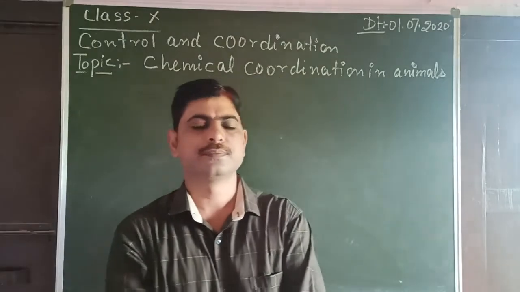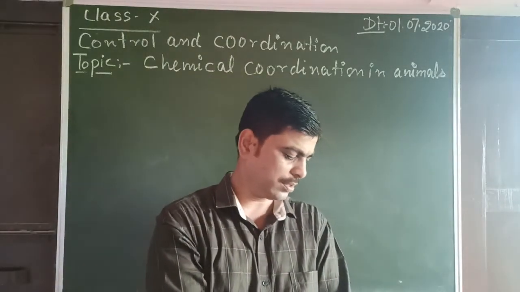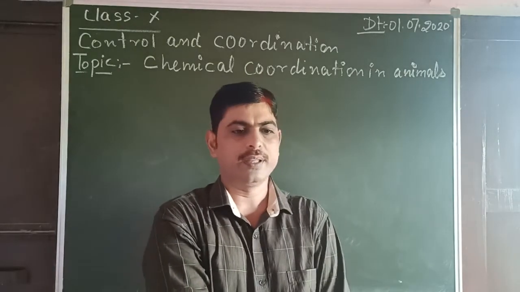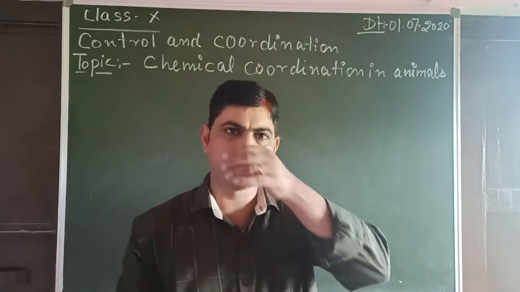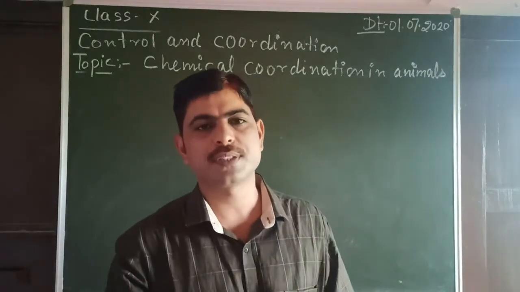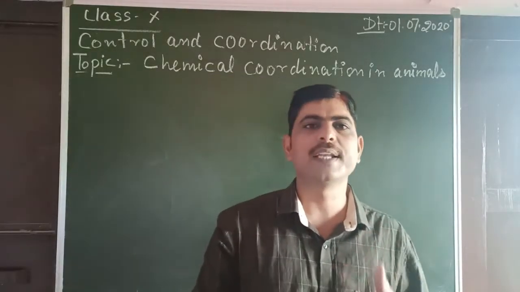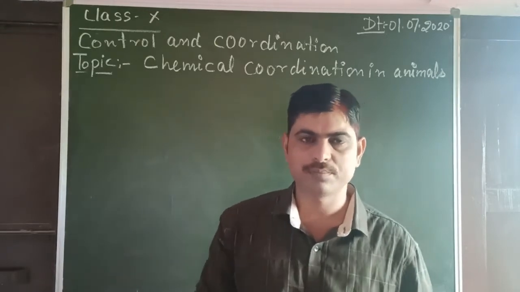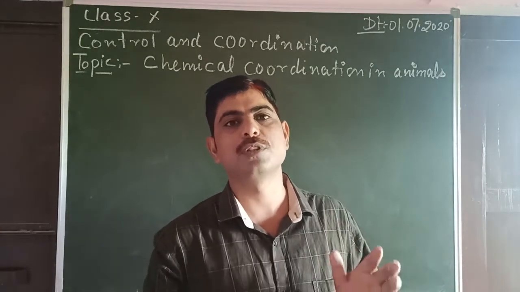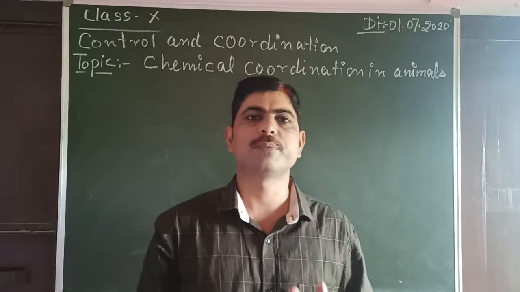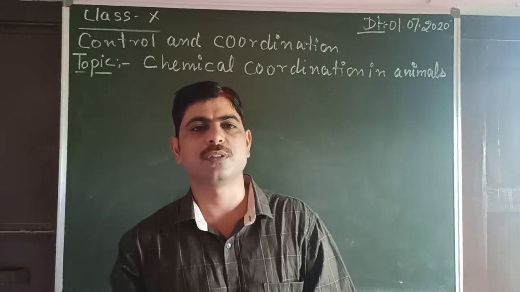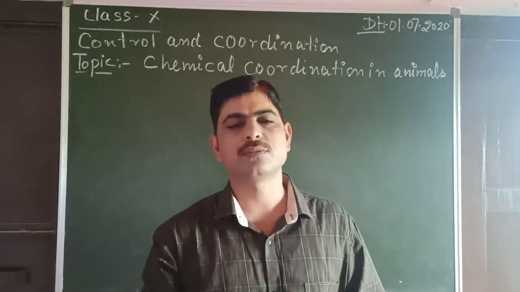Dear students, let's begin the topic with some introduction. In animals, the messages are communicated in the form of nerve impulses and carried by the nervous system from receptors, means the site of origin, to the central nervous system, and from the central nervous system back to effectors.